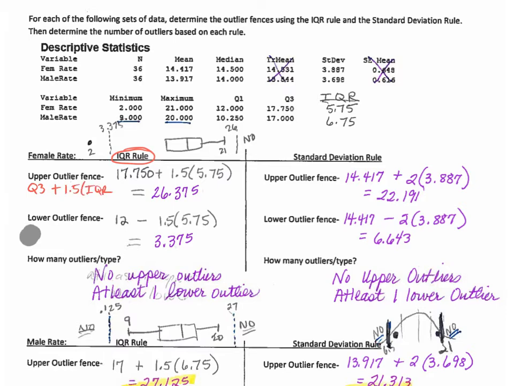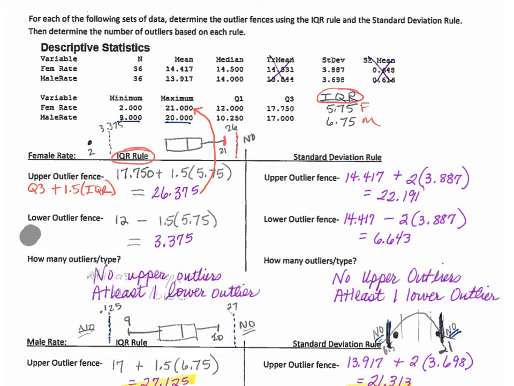So I had come over here and figured out the IQR for the females and the IQR for the males, so that I could do this rule. When I did that, it came out to 26.35. And so I need to look at this maximum and see, is the maximum, here's the fence at 26.375. The maximum is 21.